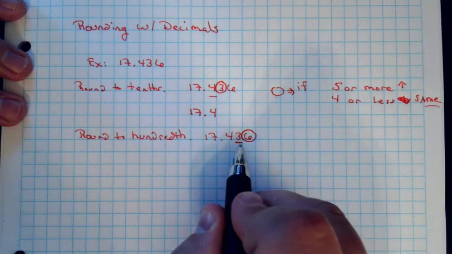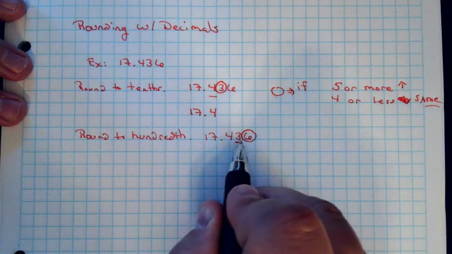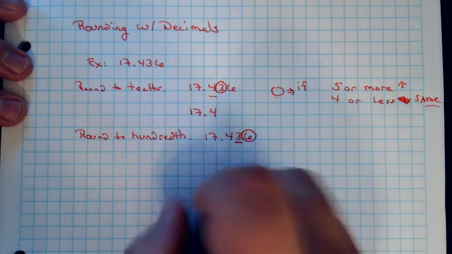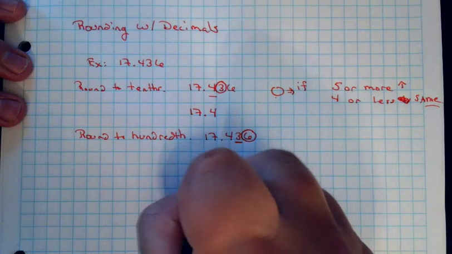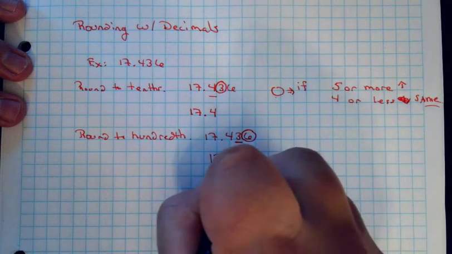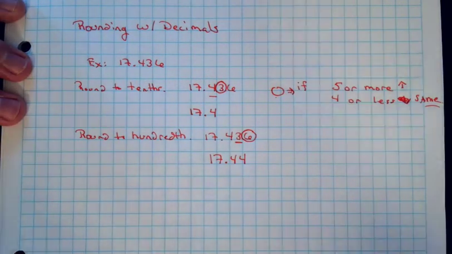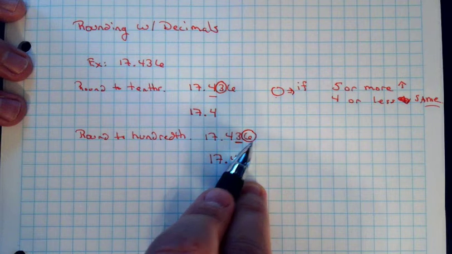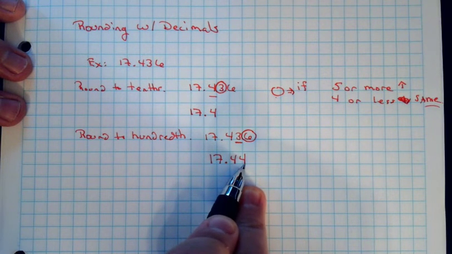We're trying to round to the nearest one of these. 5 or more is up, 4 or less is down. So this is going to give us 17.44. And now we've rounded this to the nearest 100th spot for our reader. And this 6 pushed this up to a 4.